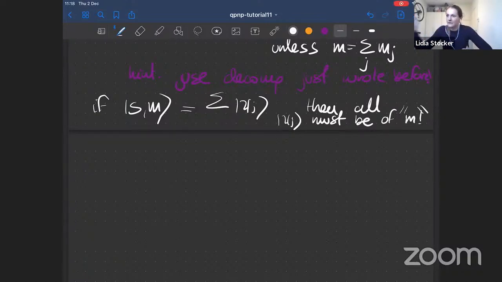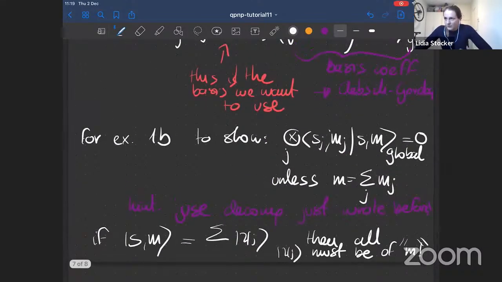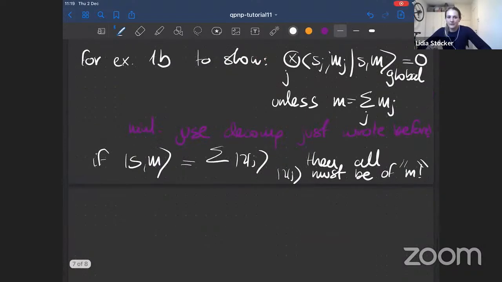So if we have multiple particles, we sum the spin of all of them, it must be of m, as it's an eigenstate of the Sz operator. Maybe you can think a little bit about it when you do the exercise. This is a property of the Clebsch-Gordan coefficients, which helps calculating Clebsch-Gordan coefficients or checking that your Clebsch-Gordan coefficients are correct.